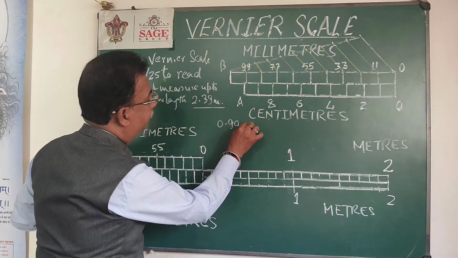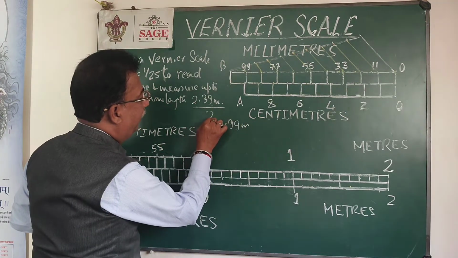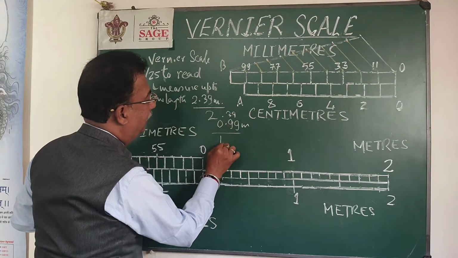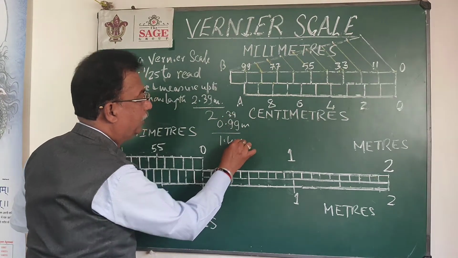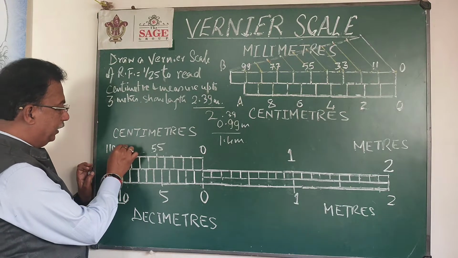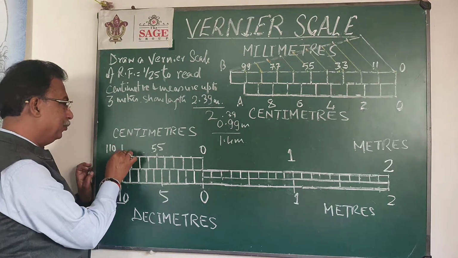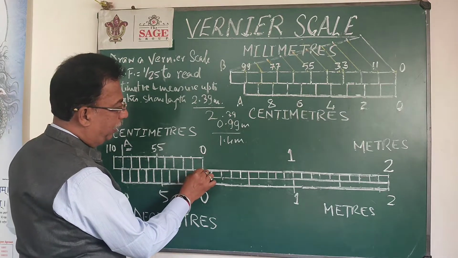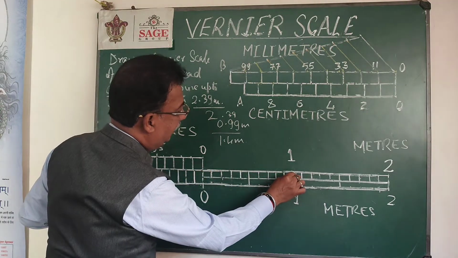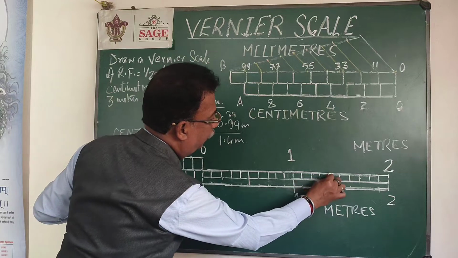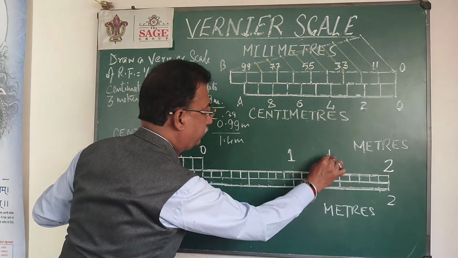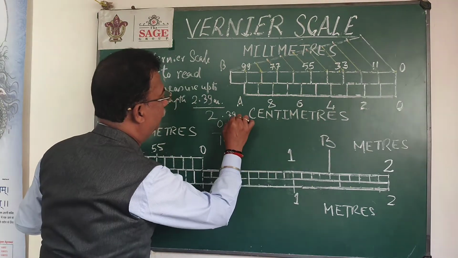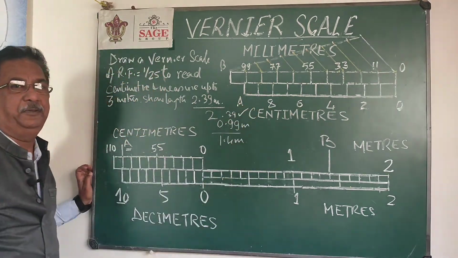If I subtract this from 2.39, then the balance will be 1.4 meter more required for me. So if I go from this point, suppose this is point A and this is 0.99, then this is 1, and then 1, 2, 3 and 4. So the distance between this A and B will be equal to 2.39 meter.